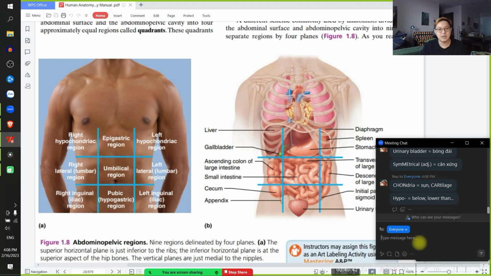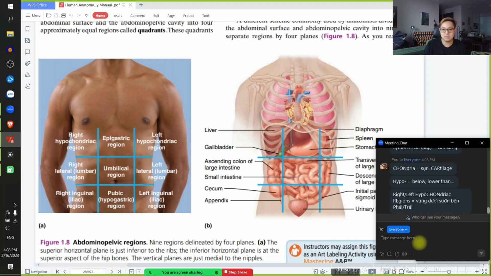We have the left hypochondriac region, the region below the ribs on the left. So we have right or left hypochondriac region.